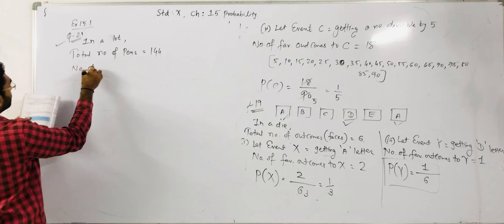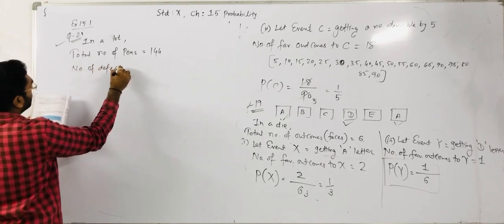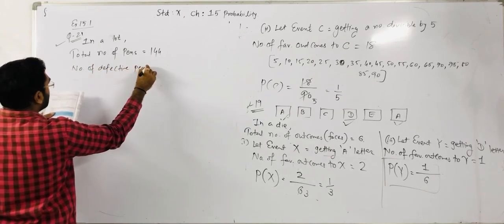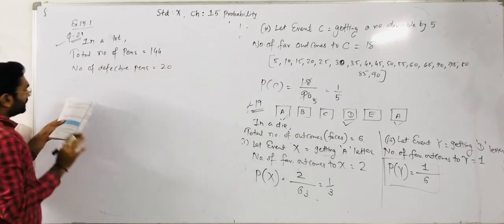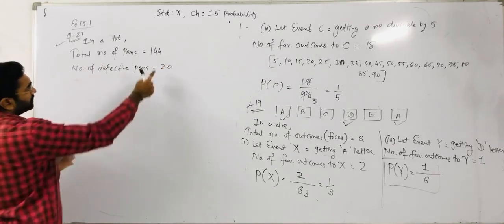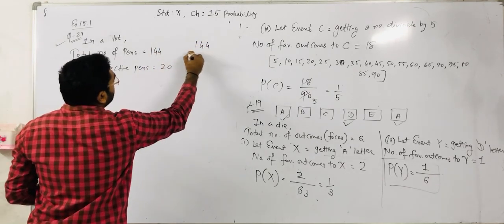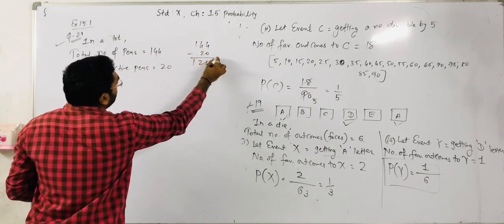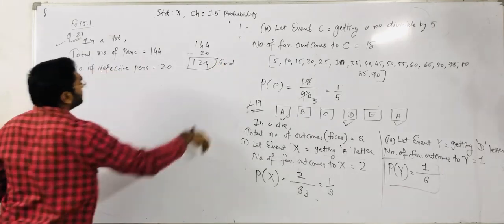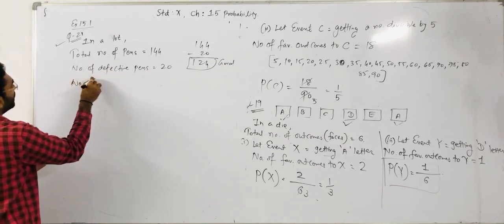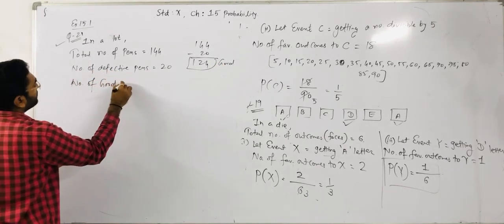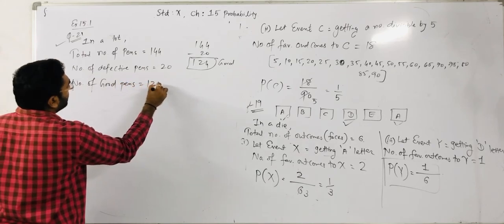So the number of defective pens is 20, and the other ones are good. From the 144, 20 are defective, so the remaining are 144 minus 20. So we get 124. These are the good pens. So the number of good pens is 124.